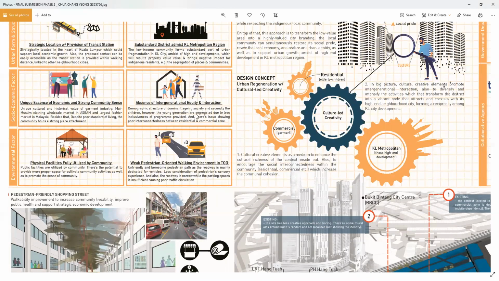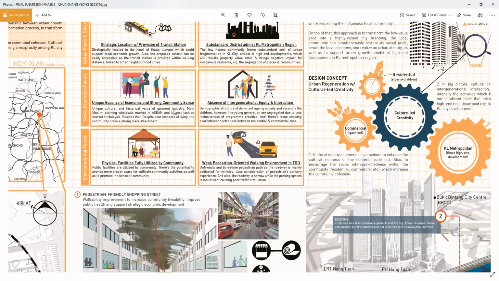However, the young generation are being forgotten and segregated due to the less inclusive programs provided. Besides intergenerational equity, we also can see the issue of poor interconnectedness between the residential and the commercial zones. So it's not only the young and old, but also the commercial and residential zones.